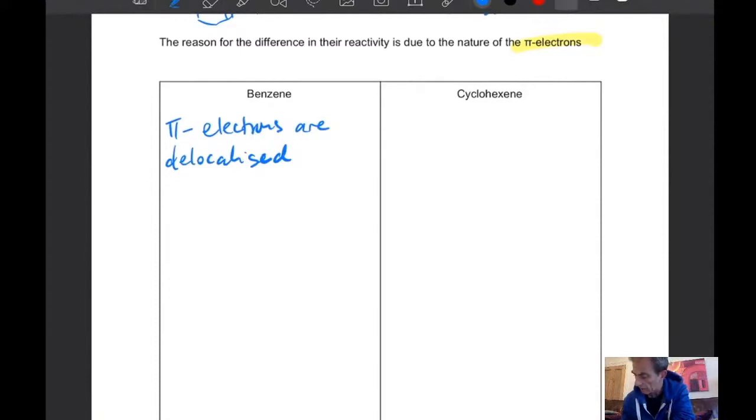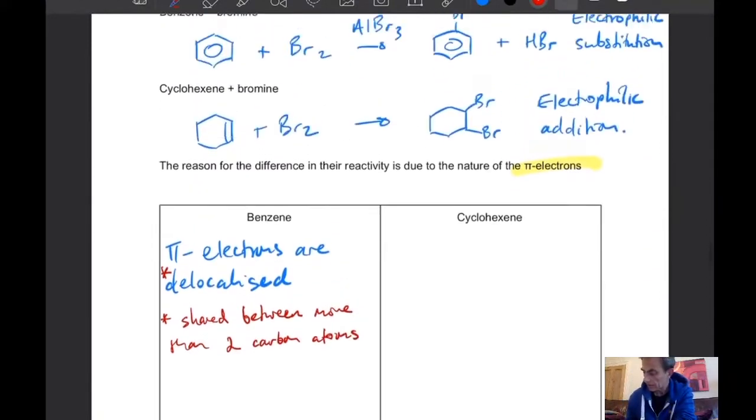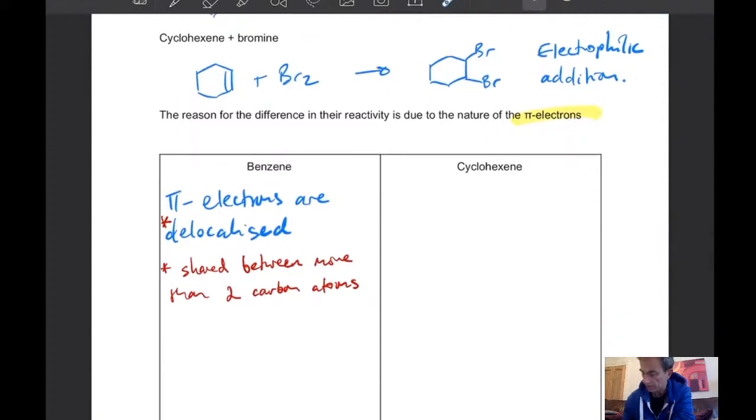If you want a little reminder of what delocalized means, electrons are being shared between more than two atoms, that's the definition, more than two carbon atoms in this case. So in benzene, the pi electrons are actually shared between all 6 of the carbon atoms, aren't they? So they are delocalized, they're shared between more than 2 carbon atoms.